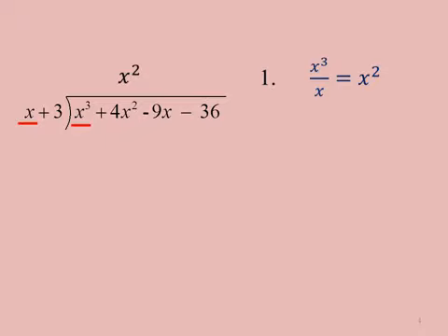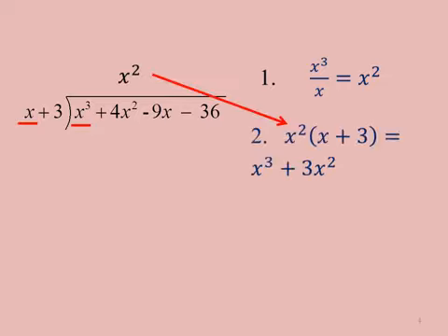Next, we carry out a calculation. We take this x squared and we multiply it by x plus 3, in which case you will get x cubed plus 3x squared. These two terms are then written under the x cubed plus 4x squared, which is in the bus stop.